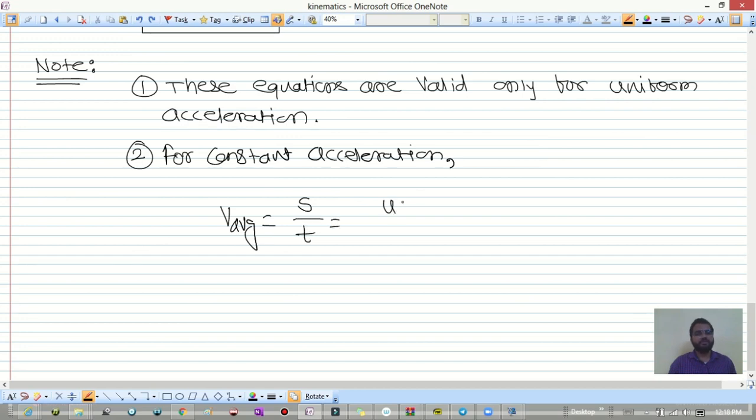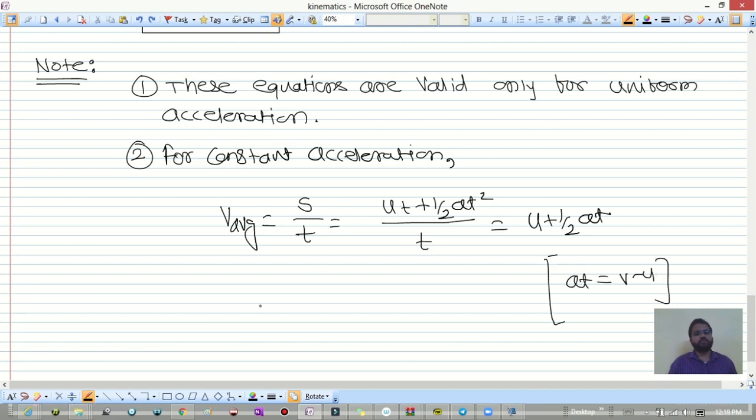Displacement formula, you know, ut plus half at squared divided by t, which is equal to u plus 1 by 2 at. But at we know, at is v minus u, so put it over here, v average, and that is equal to s by t, which is equal to u plus 1 by 2 (v minus u), which is u plus 1 by 2 (v minus u). What is v minus u?